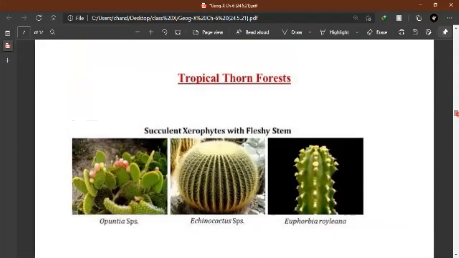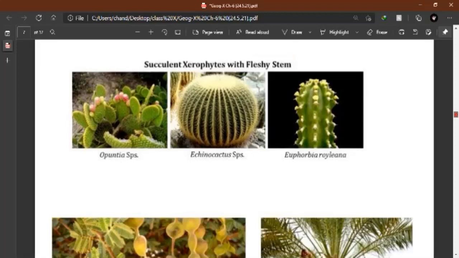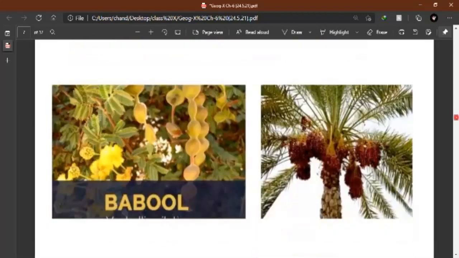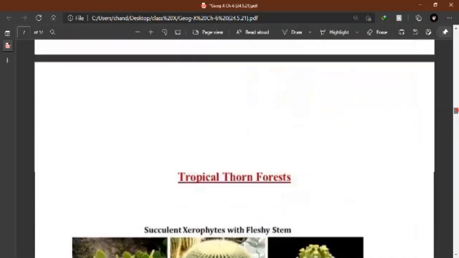Number 3, moving towards deserts from semi-desert regions, vegetation starts diminishing and in arid parts, there is almost no vegetation, just the sand cover. Some of the tree species found here are babool, date palm, neem, kher, cactus, kikar, khejri.